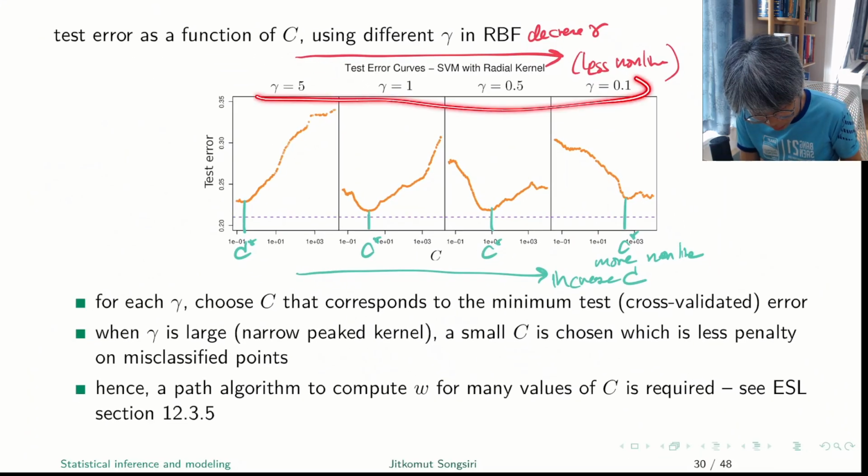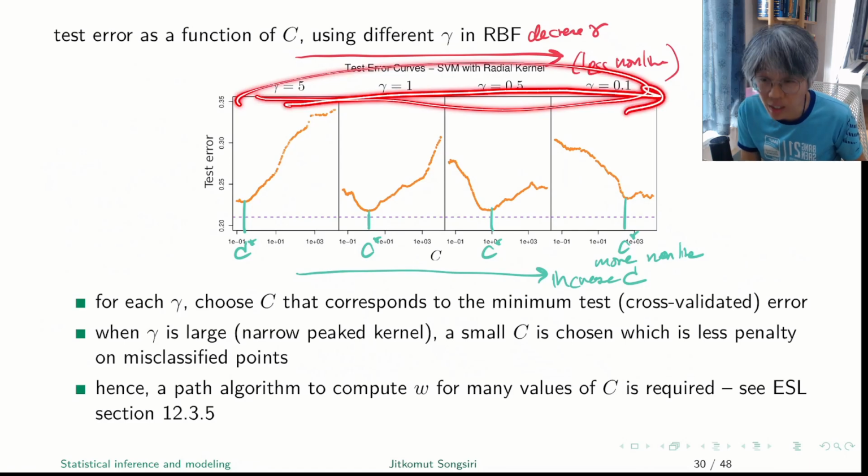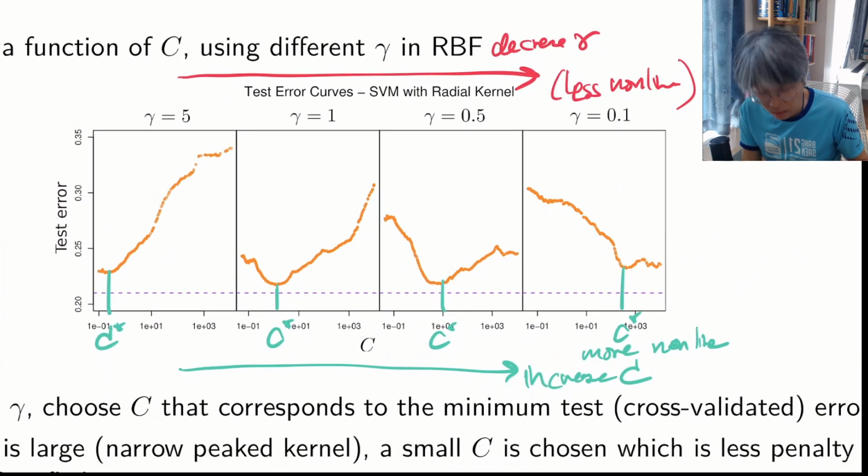Because in this graph, as gamma decreases, your model is less nonlinear, the decision region is smoother, less complex. But in the x-axis direction, as C increases, the model is more nonlinear. So this is a conclusion.